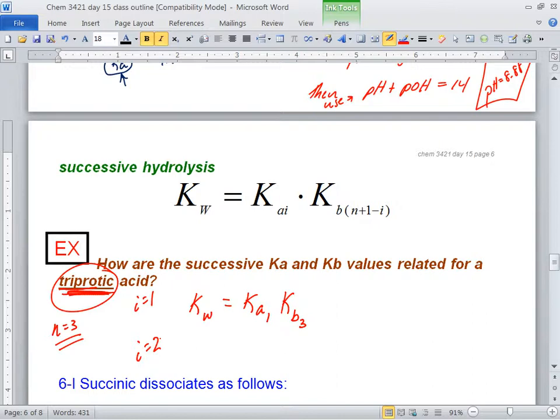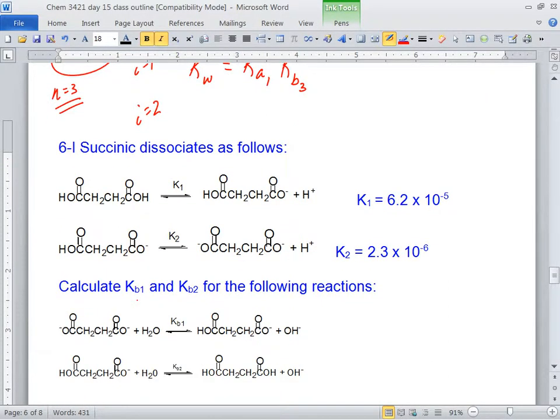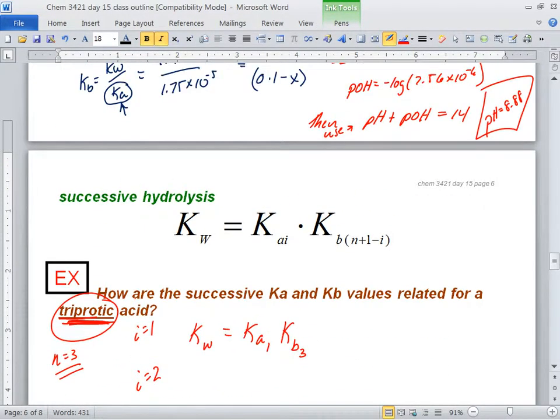This is what it looks like, right? You have these multiple deprotonations going on. But i is 2. You'd have Kw equals Ka2 times Kb what? 3 plus 1 is 4, minus 2 is 2. So that has to be Kb2. Now I have the last one, i is 3.